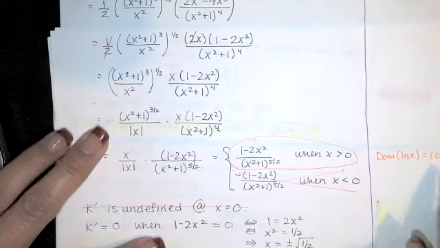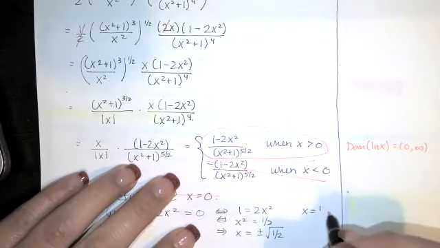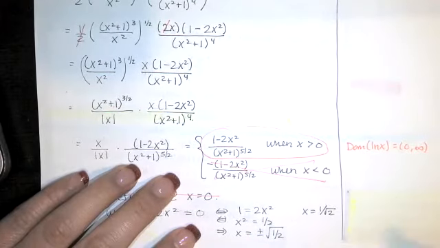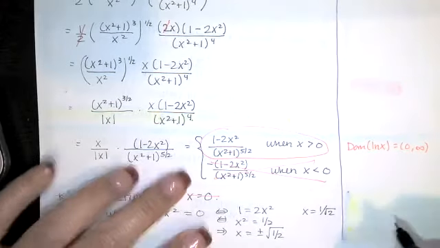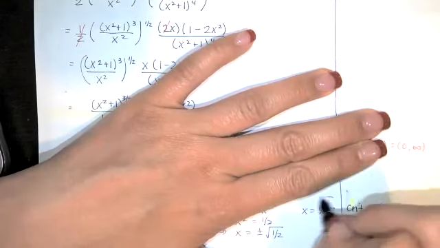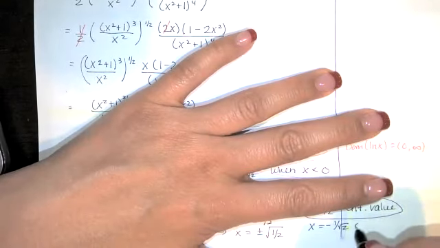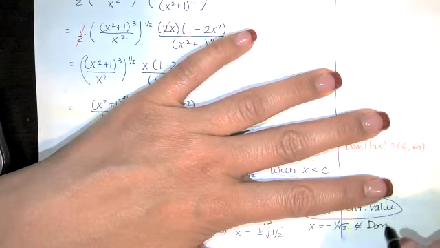We're only interested in the domain, which is 0 to infinity. So 1 over the square root of 2 is our single critical value, because the negative value is not in the domain of natural log of x.